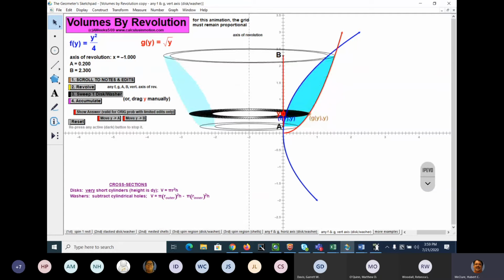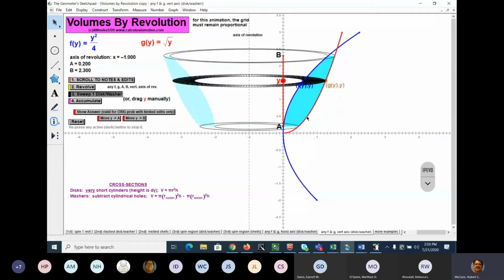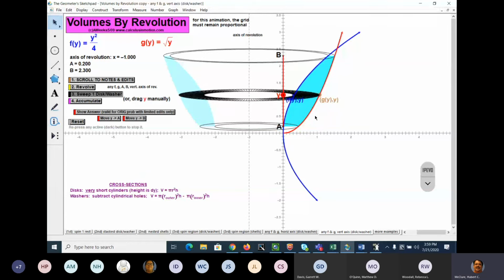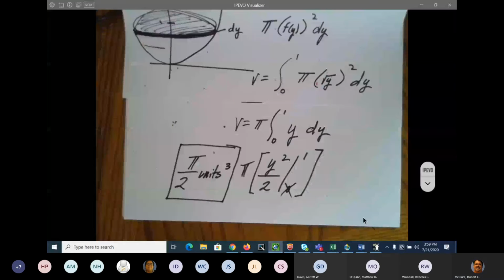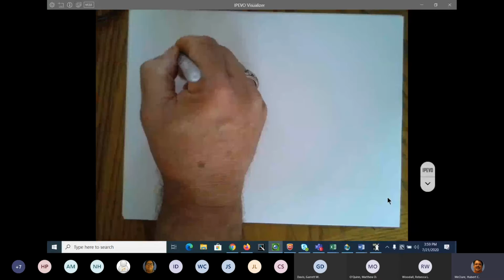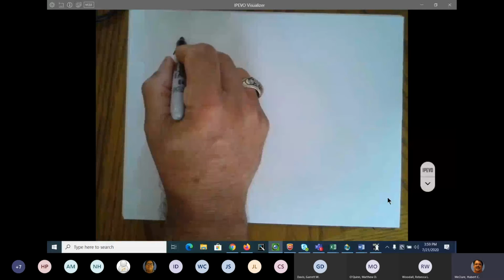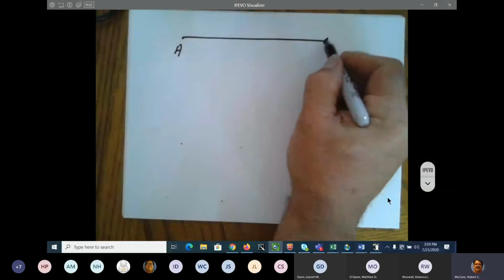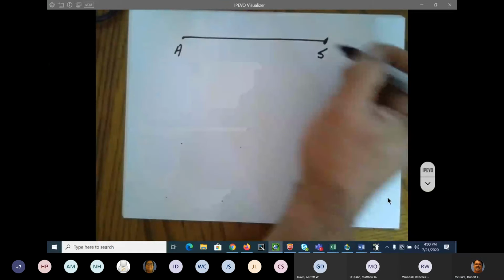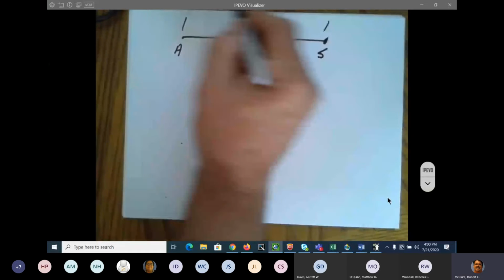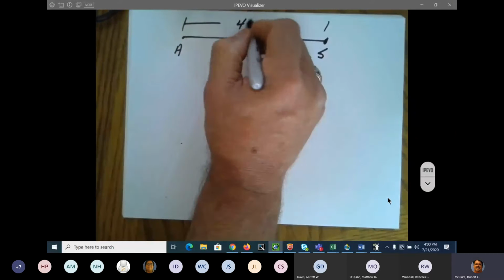Okay? Now, when you're talking about a washer, it's just like if I was talking about a distance. And a lot of you are saying, what are you talking about? If I tell you, and I'm going to be very elementary here, if you're in Anderson and you know that it's 45 miles to Spartanburg, you know that distance is 45 miles.